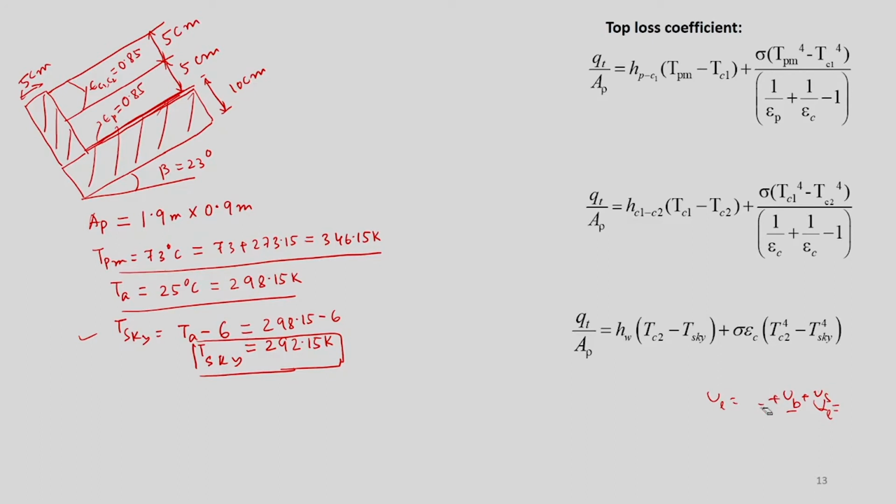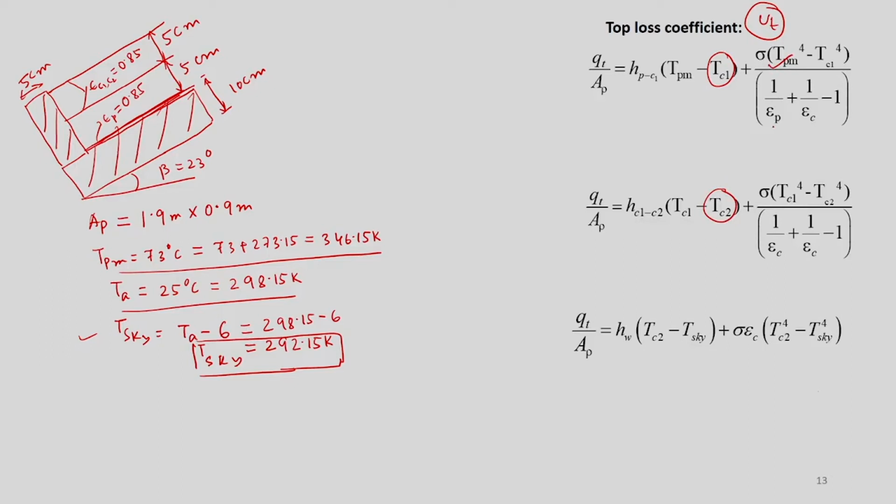So, let us wrap this part, this is not required at the moment. So, this top loss coefficient, our interest is UT, we are going to calculate. In order to calculate this UT, what you need to know: TC1 is unknown for us, TC2 is unknown for us, only known is TPM.